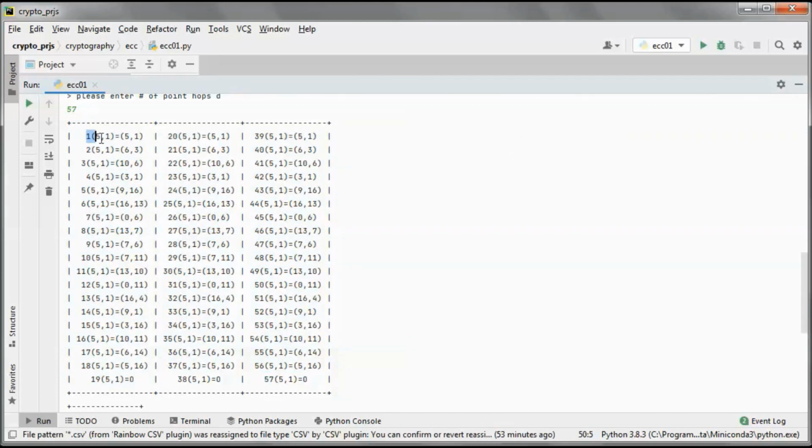So each column here is the entire group being generated.